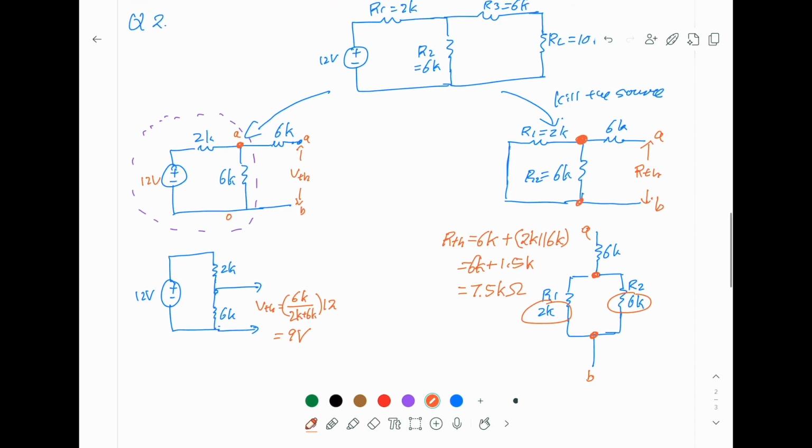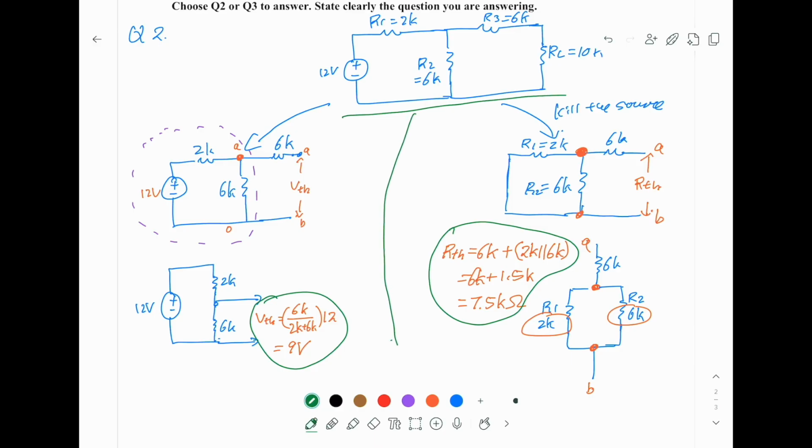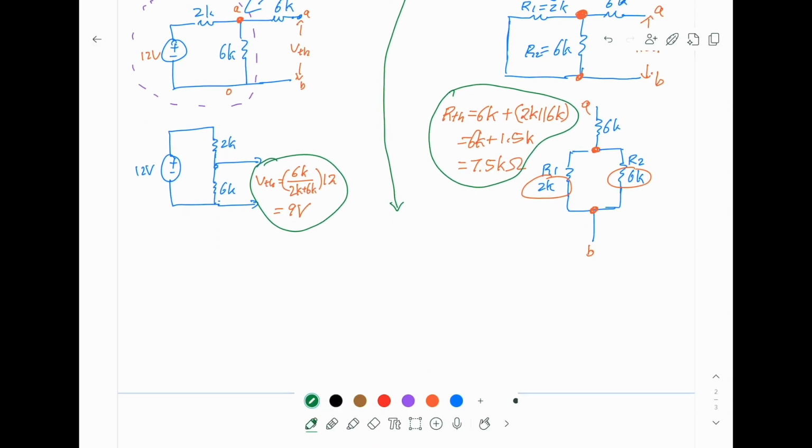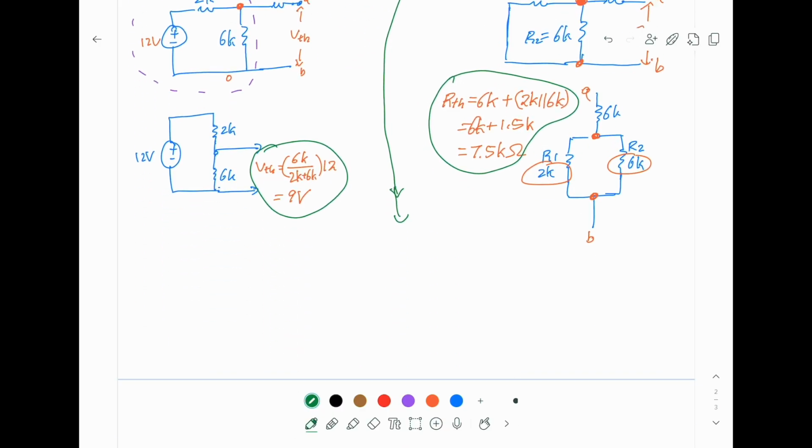So now we found the Thevenin voltage and the Thevenin resistance. With these two, what we are saying is this circuit can be reduced into this form. If you just focus on RL, the rest of the circuit can be replaced by this one. First, we have a source, positive, negative. This is your Thevenin voltage.